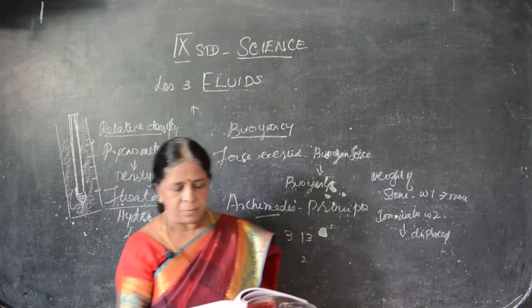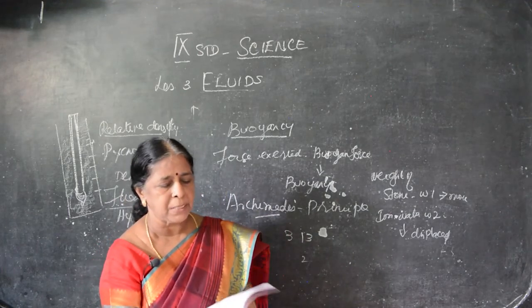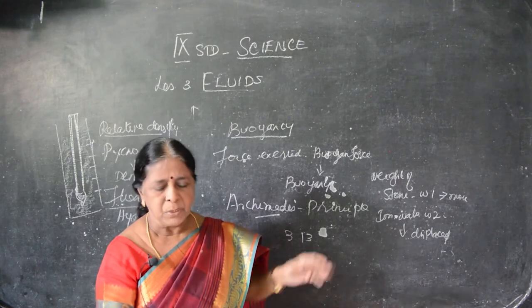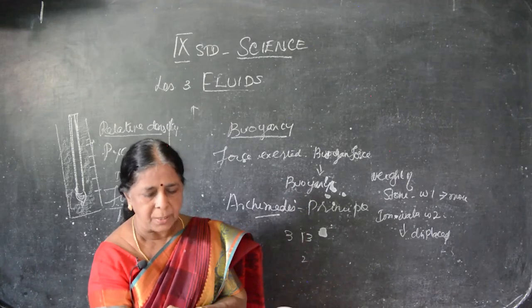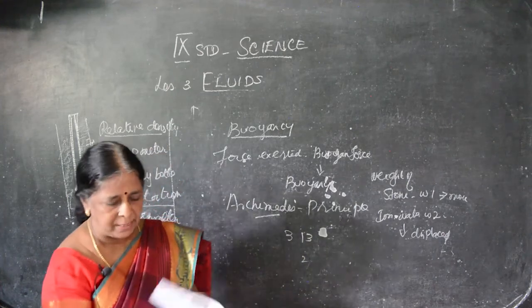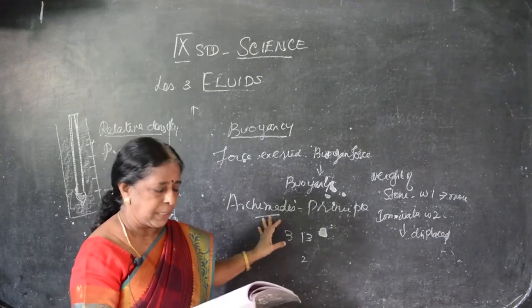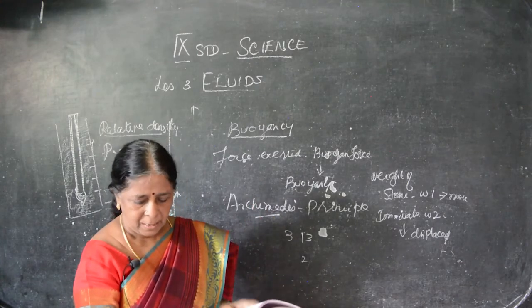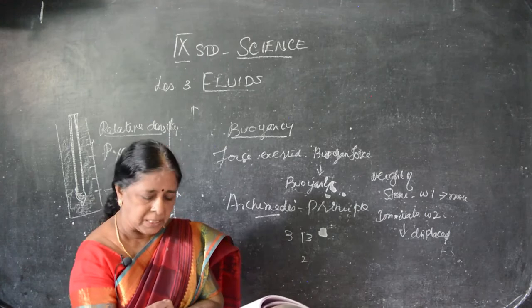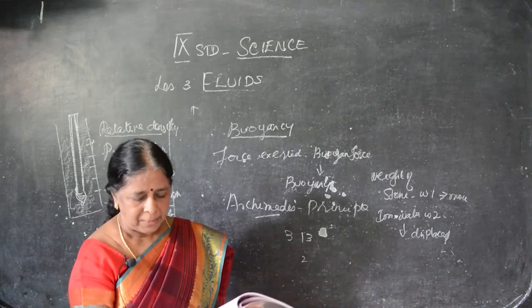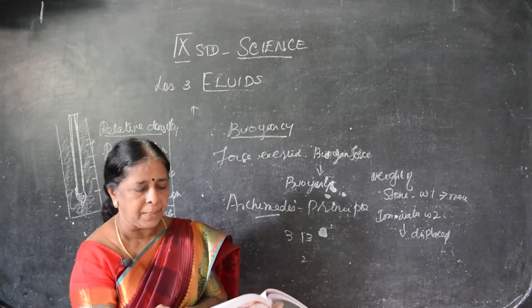So what are the things we have come across in this lesson? We have seen what thrust is and what pressure is, and how pressure acts on fluids. Fluid means liquids and gases. We saw the factors determining the pressure of a liquid, and what atmospheric pressure is and how to find it. Then Pascal's law, based on which the hydraulic press is made.